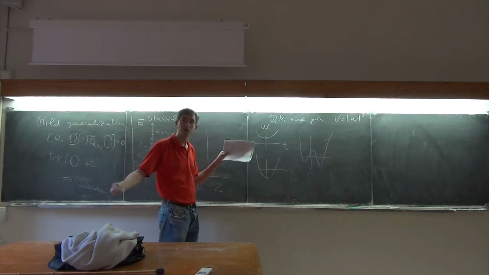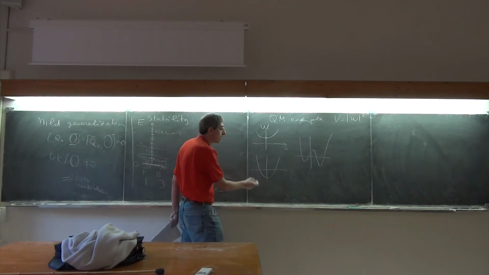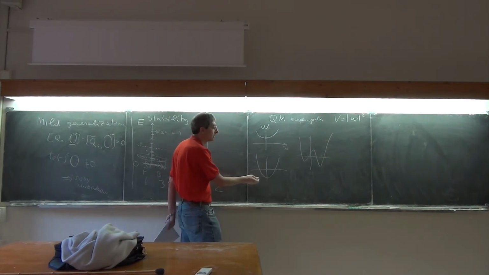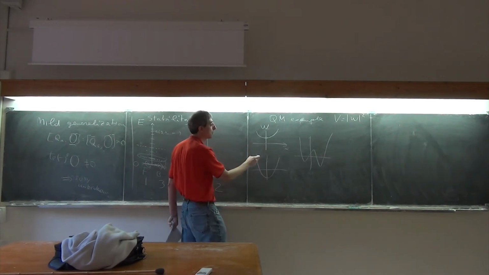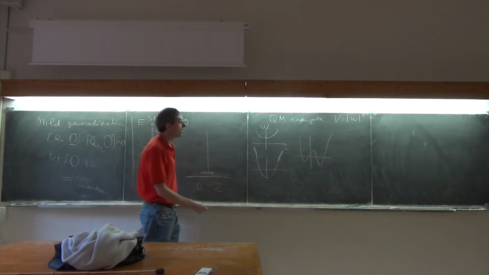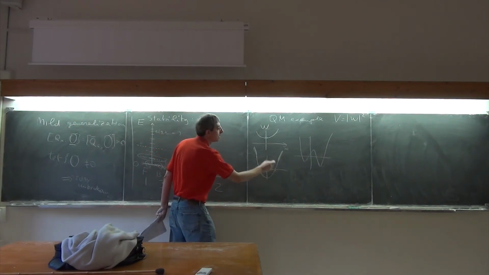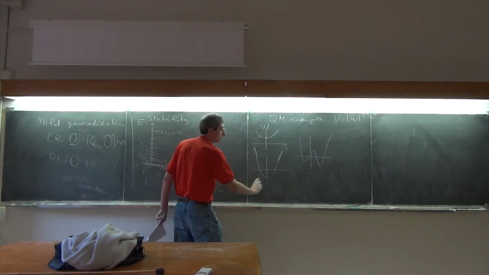Because if it was not 0, so what happens here? Here you have one, so here you can deform this thing to this thing just by lifting it up without changing the boundary conditions here. So these two vacua don't go to infinity. They pop up out of existence, but in a limited interval.